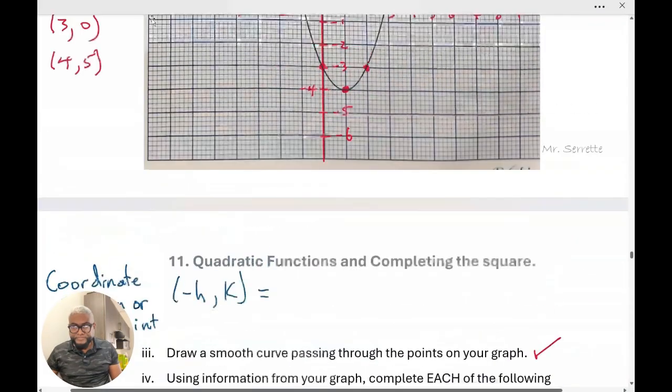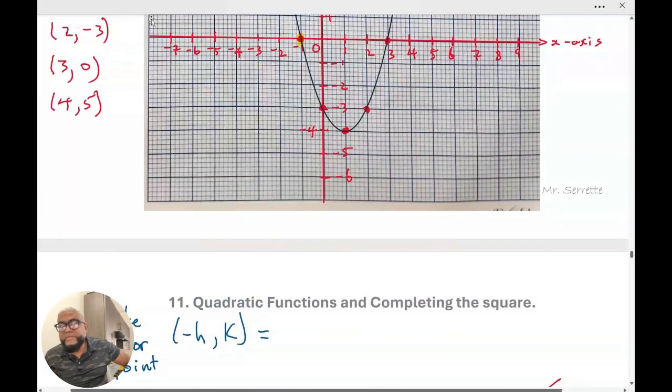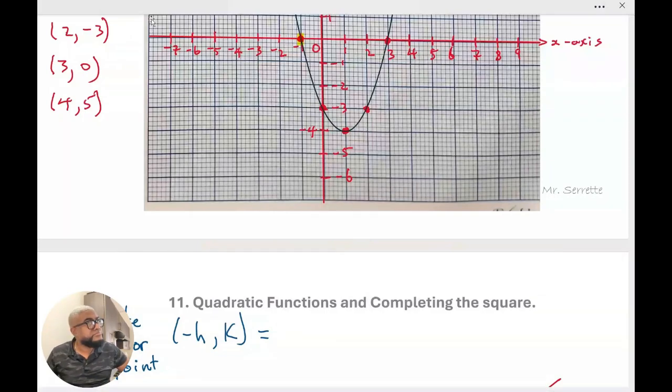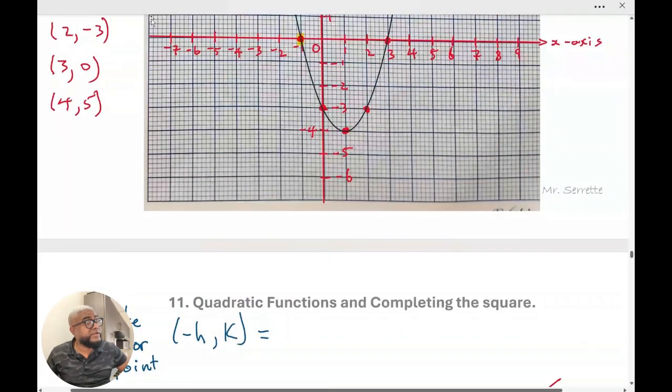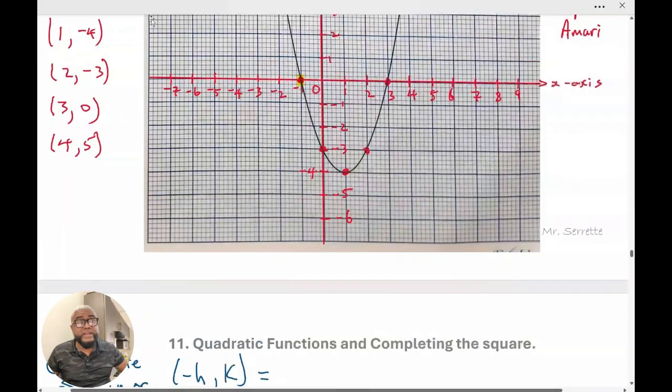Right, so we're going up. What are the coordinates of my minimum point here, my children? What are the coordinates at the minimum point? The coordinates. What is the x value? Your coordinates means an x value and a y value.